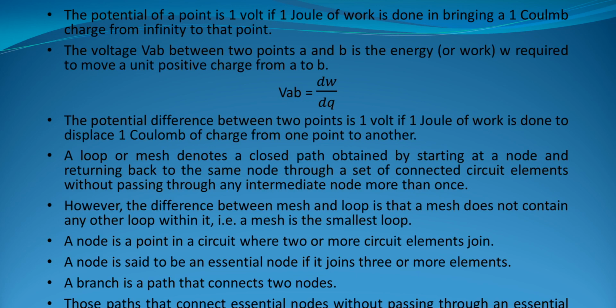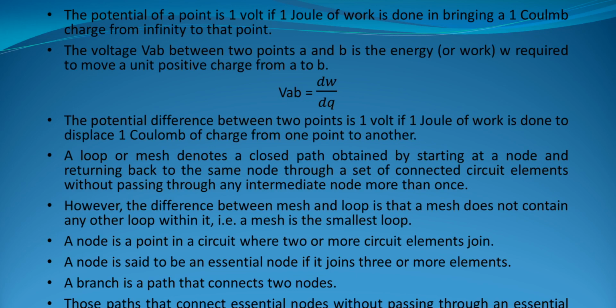In the first point we were talking about a reference point or infinity. Here we are talking about moving a charge from one point to another. Okay, if we are moving 1 coulomb of charge or some charge, any charge, from one point to another point, then the energy that is required to move that unit positive charge from A to B will give you the voltage between those 2 points, or the potential difference between those 2 points.